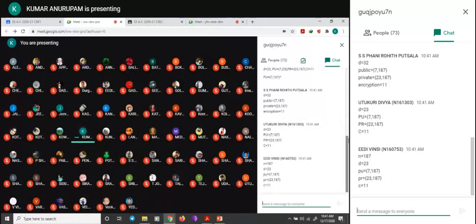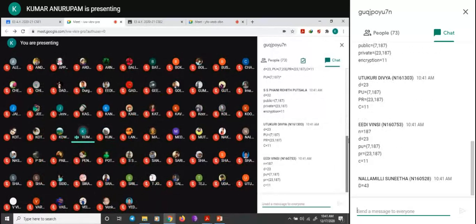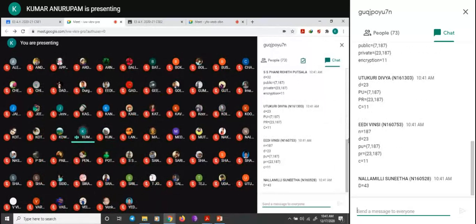D value is actually 23. After calculation you'll get D value as 23. Public key will be your 7 and your 187. Okay, and private key is 23 and 187.